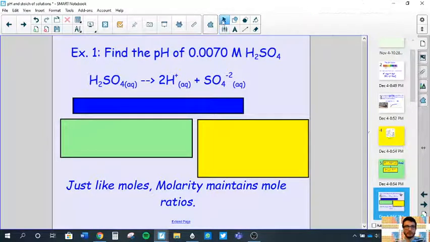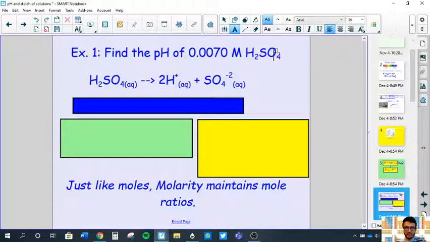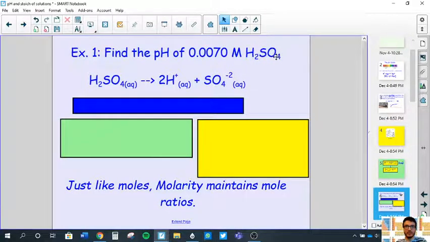All right, so our first example. Here we have a question that says to find the pH of that concentration. We know big M means molarity, which means moles per liter, of H2SO4, and that should actually say aqueous. I'll fix that in a bit. So this acid dissociates in this form.